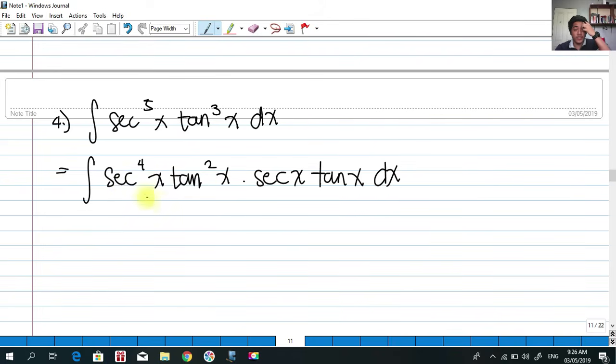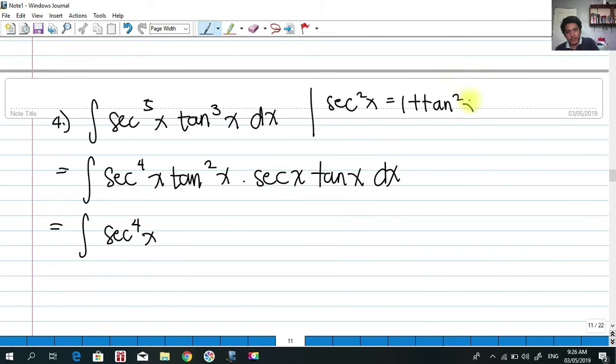Okay, express this tangent squared of x in terms of secant for us to use the u substitution. So we have now the integral of secant raised to 4x and tangent squared x. If you recall what we used a while ago, secant squared x is equal to 1 plus tangent squared x.